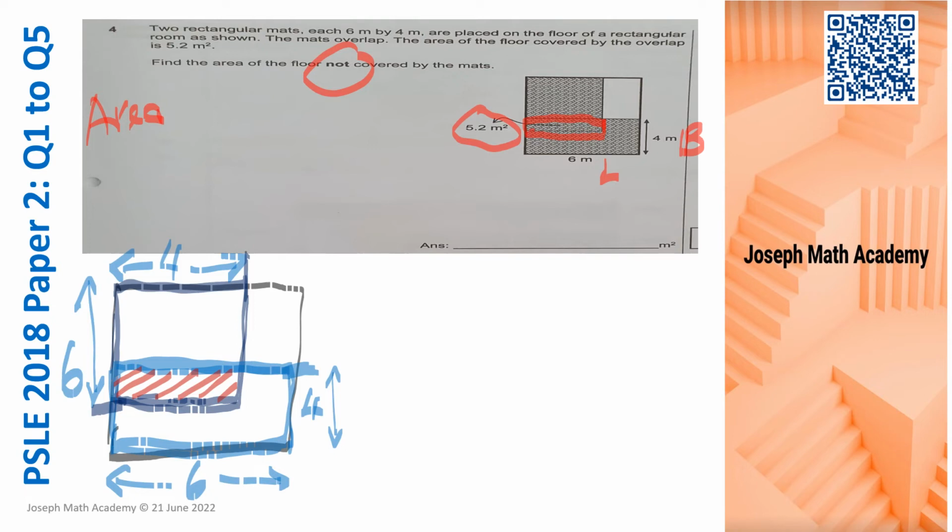Okay, now let's find the area of one rectangle first. So area of one rectangle is length times breadth. That gives us 24 square meters. So we know the area of one rectangle, one mat.